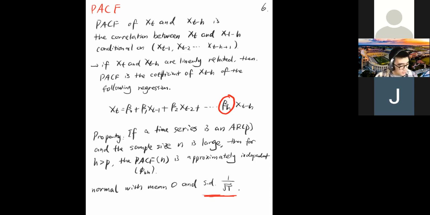Let me finish this. Probably I don't have enough time, so let's just give an intuition. How can we use the PACF to find the order of the AR(p) model?